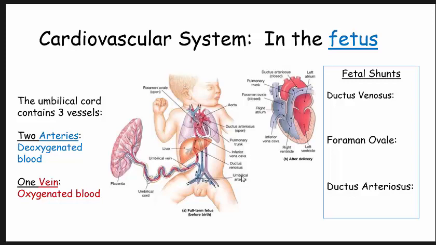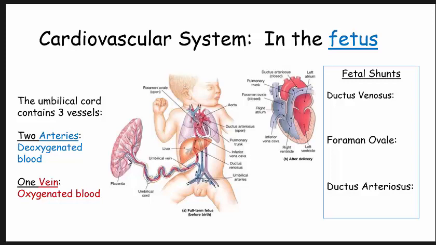So I'm going to go back to this slide, which is a picture of the fetus. And remember, the fetus is actually not oxygenating. Gas exchange does not occur in the lungs of the fetus. It occurs in the placenta. So maternal blood is bathing the placenta, and through osmosis and diffusion, oxygen is going to diffuse into fetal circulation.